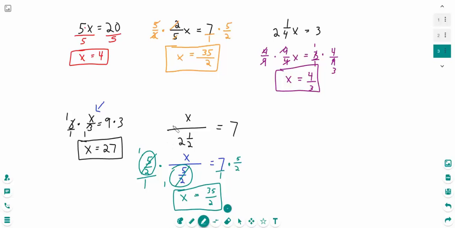All right, so again, it looks a little trickier because we have fractions in there, but just remember, fractions, they're just another number. So treat them like a number, right? So x divided by this number, how do we get rid of that number? Well, we multiply it by that number. We undo it. We divided by it, now we're going to multiply it, okay? And then they will cross cancel each other out, all right? So hopefully that makes sense to you.